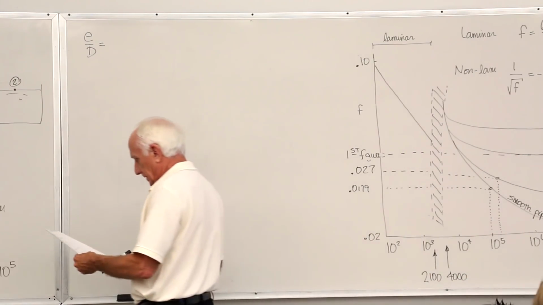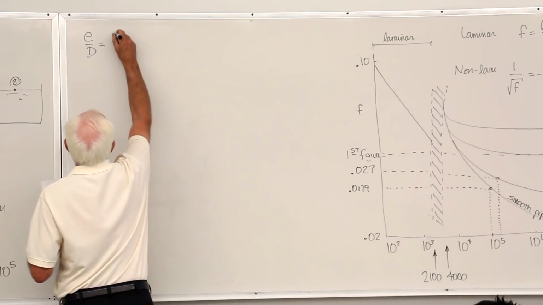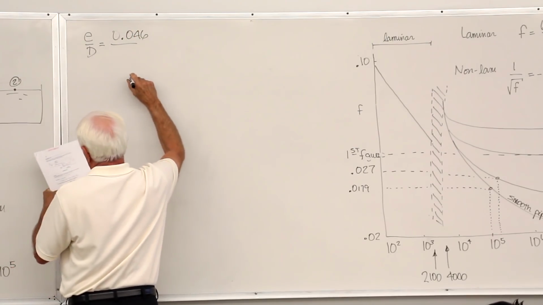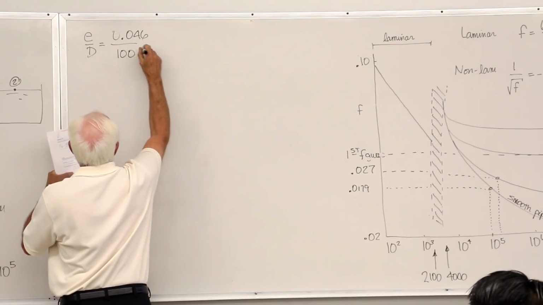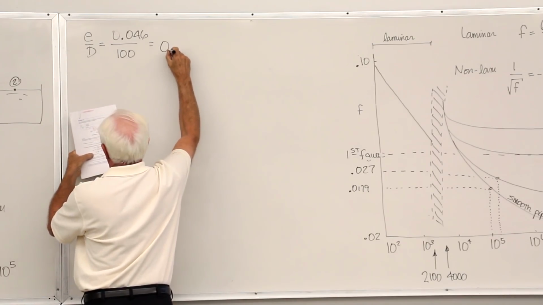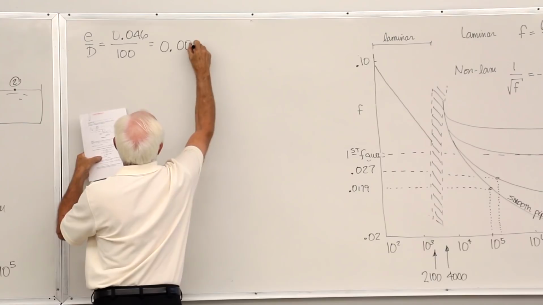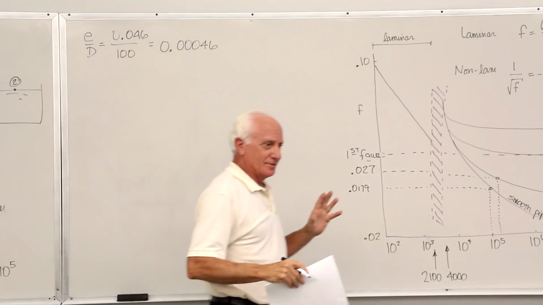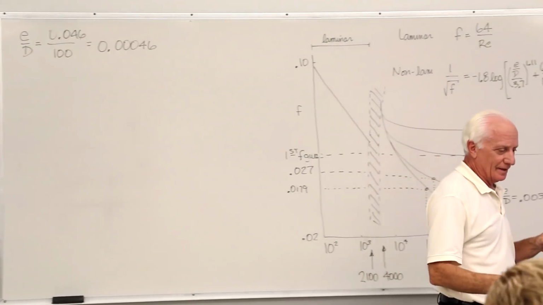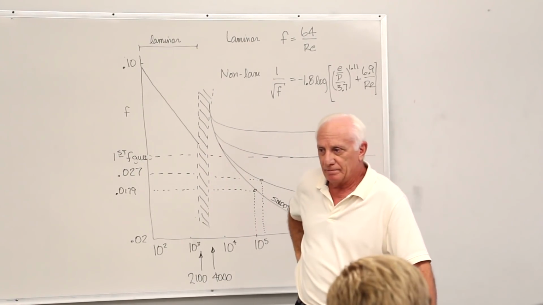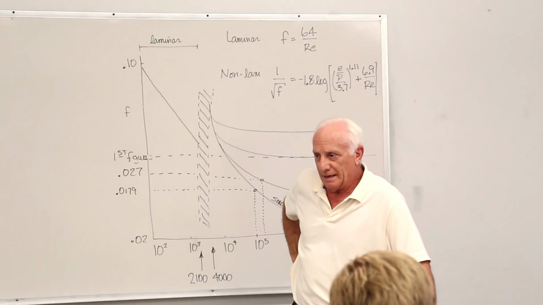So 0.046 divided by the pipe diameter equals 0.00046.